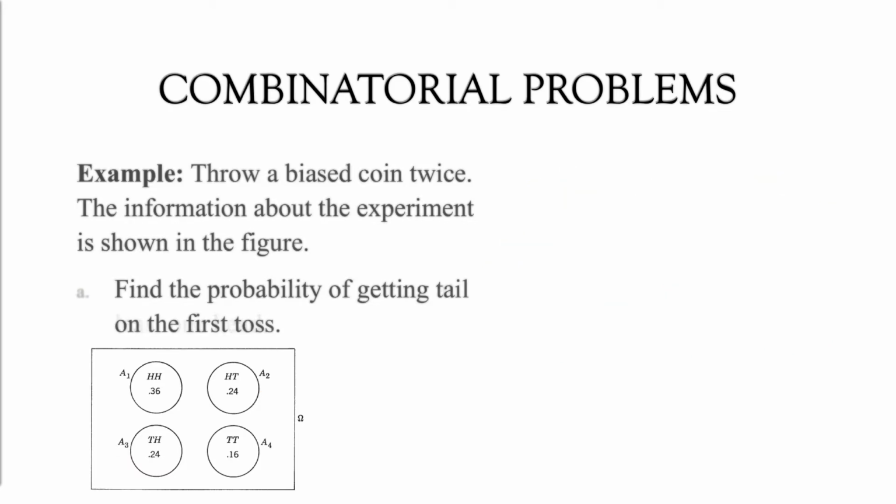Now let's find the probability of getting tail on the first toss. So in this case, for the solution, our E sub 2 would be the set of which, not at least, tail on the first toss.